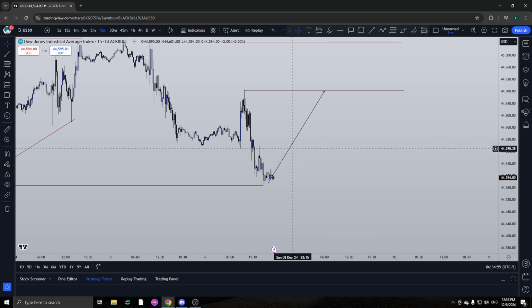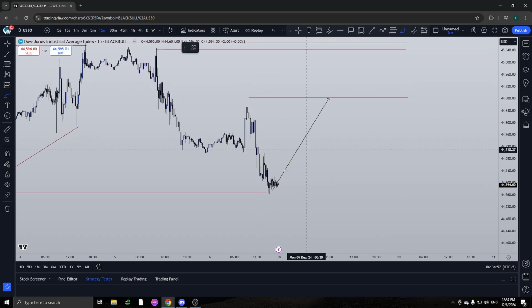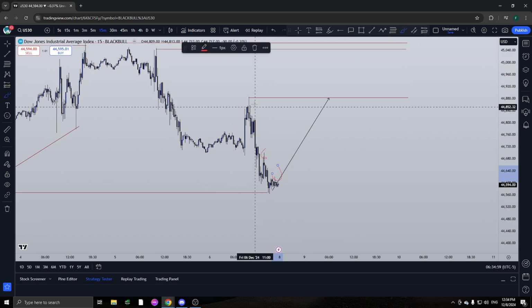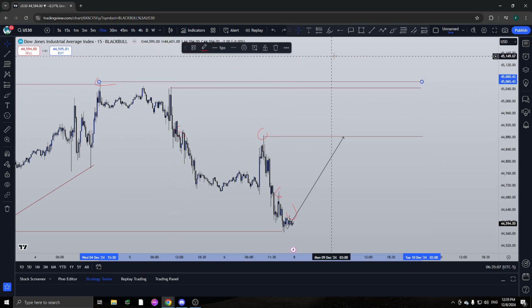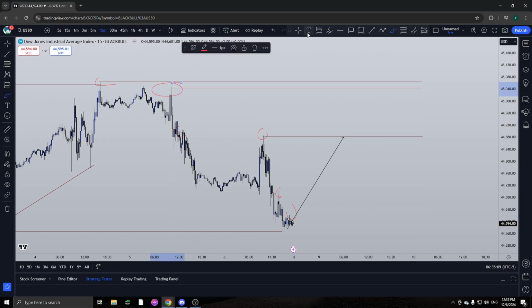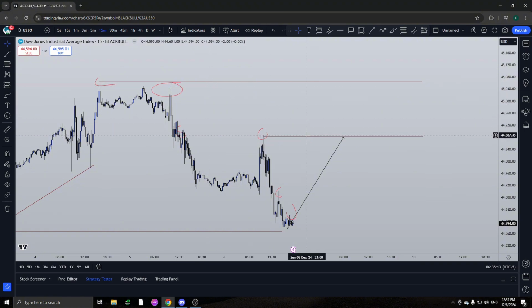And now what market's gonna do? Shoot up again because there's liquidity right here, here, here. You got liquidity right here, here, and here, right? So you got these buy sides, but you could also just mark this out as trend line liquidity.